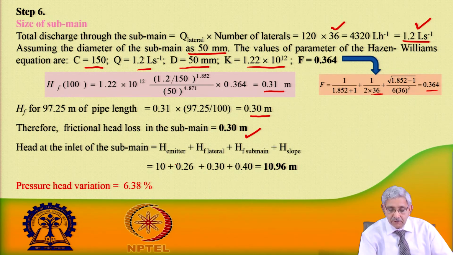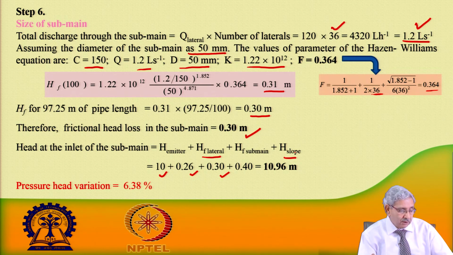The head required to operate the emitter is 10 meter, the head loss due to friction in the lateral pipeline that we calculated is 0.26 meter, and the head loss due to friction in the submain pipeline is 0.30, and then the slope.